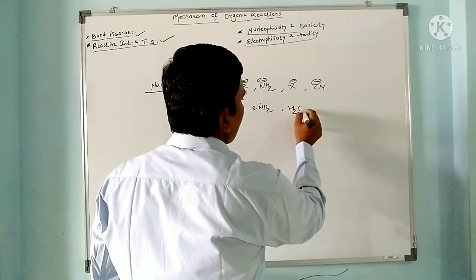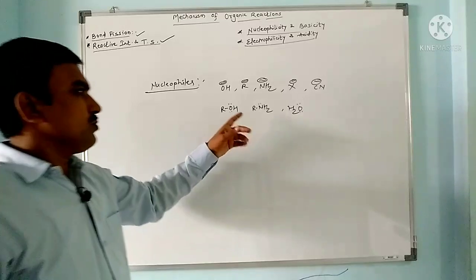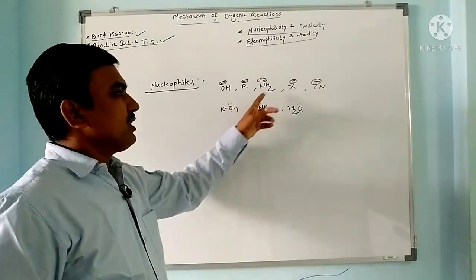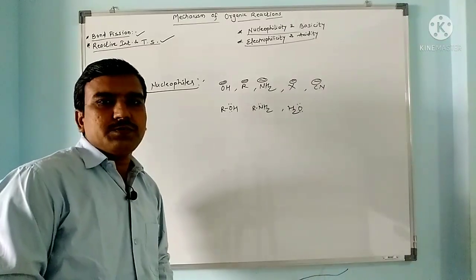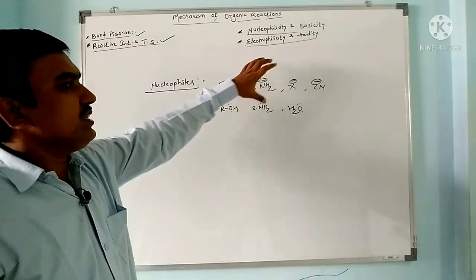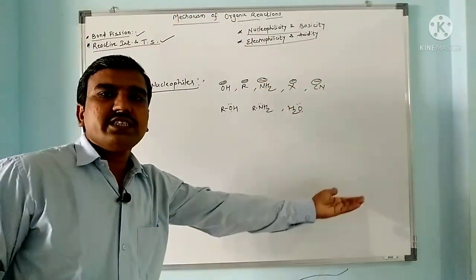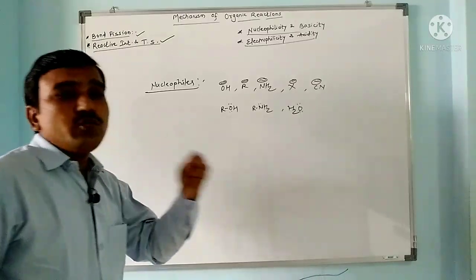A simple example is water. Here again oxygen has two non-bonding electron pairs, so one of the electron pairs can be utilized for the attack on an electron deficient species such as an electrophile. So these are the nucleophiles which can share their electron pair with electrophiles. What is nucleophilicity?